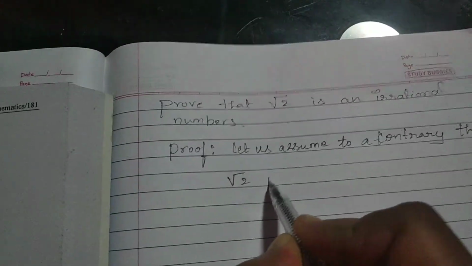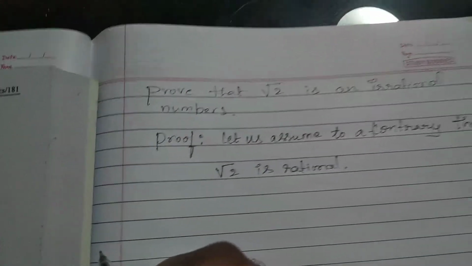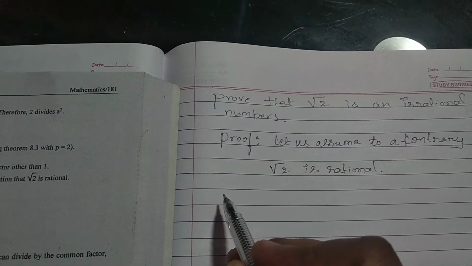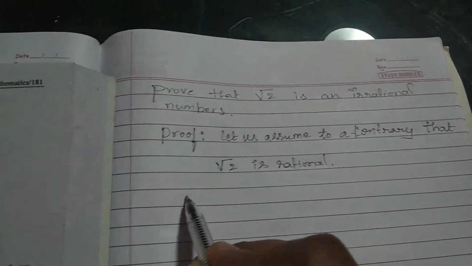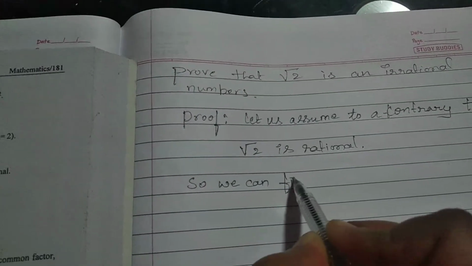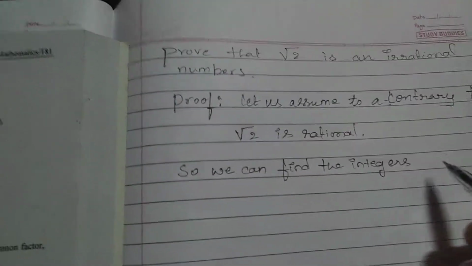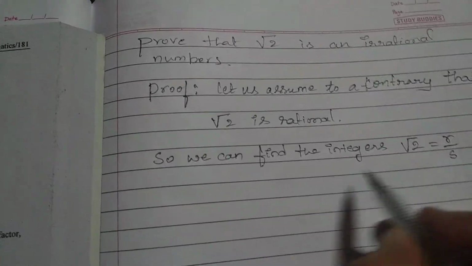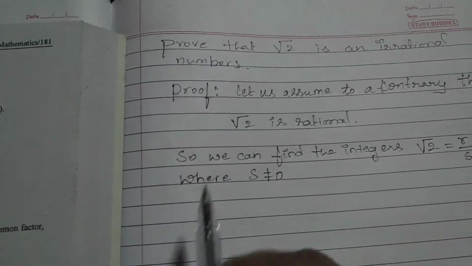Root 2 is rational. Okay. So we can find integers r and s such that root 2 is equal to r by s, where s is not equal to 0.